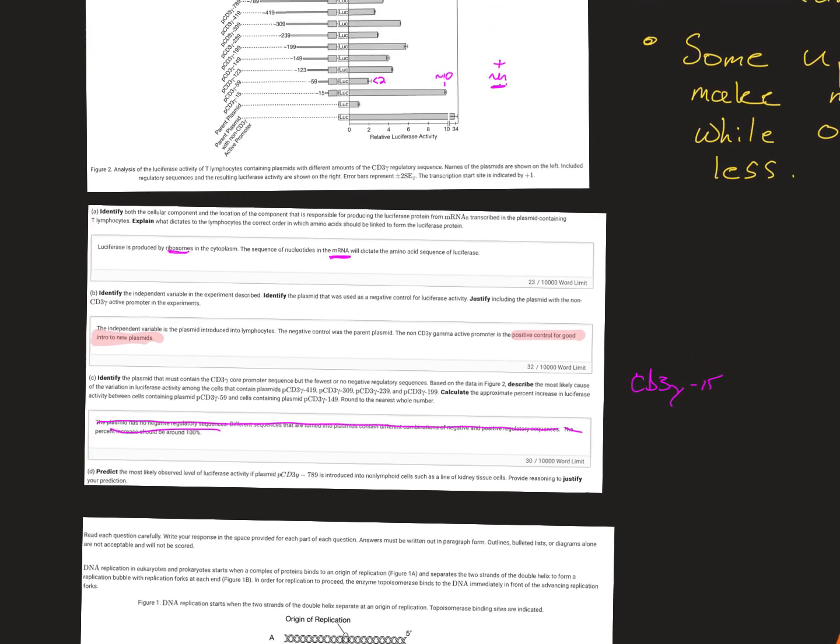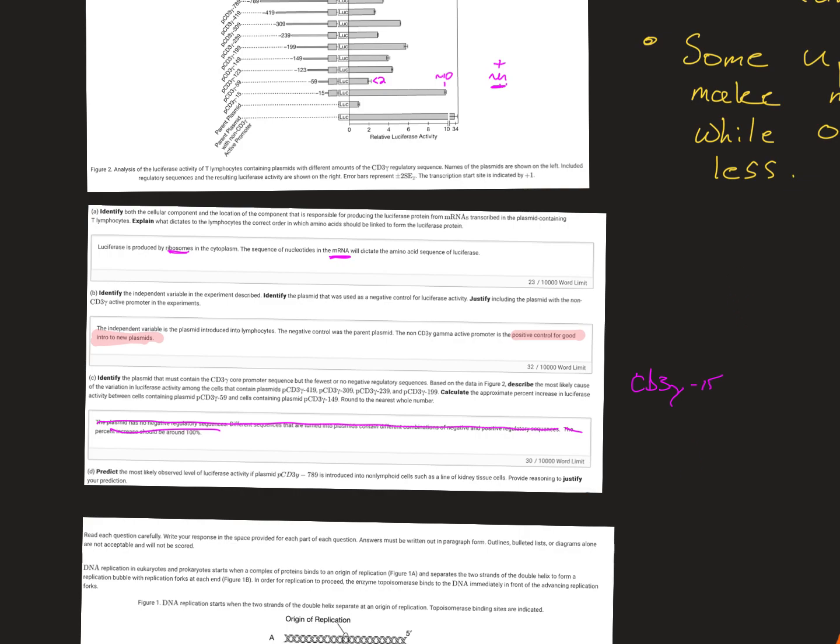Identify the plasmid that must contain CD3 gamma core sequence, but the fewest or no negative regulatory sequences. That has to be the plasmid that's CD3 gamma 15, right? Because it has the most luciferase being made. And there it is. CD3 gamma 15 has the most, right? Not outside of the experimental groups.